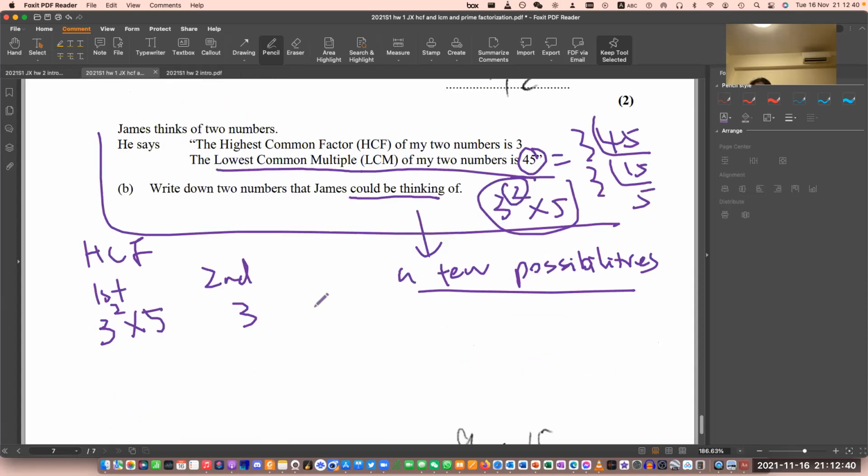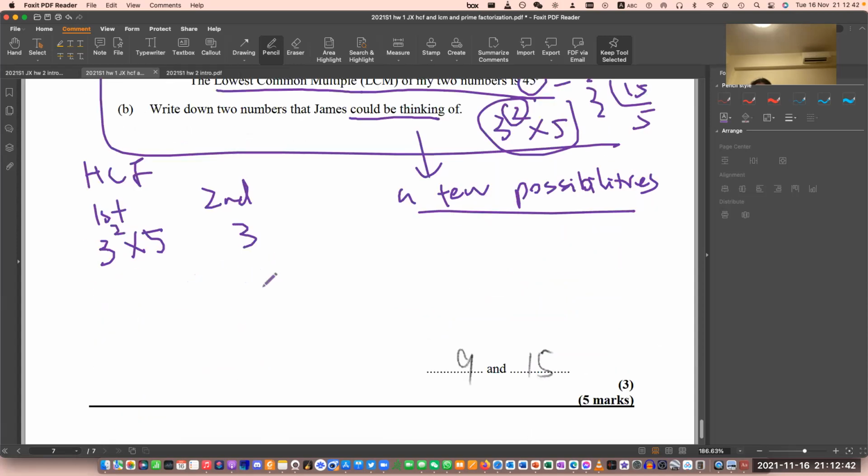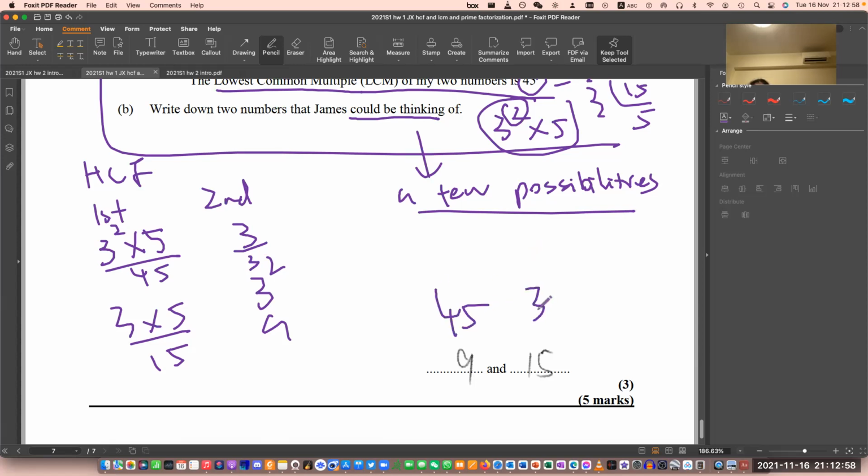So there are a few possibilities. You have chosen 15 and 9, okay? But you could have chosen 45 and 3. Of course, there are other possibilities as well. Does it make sense to you?